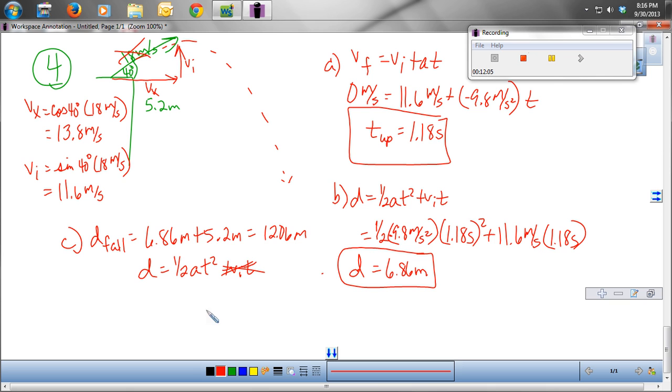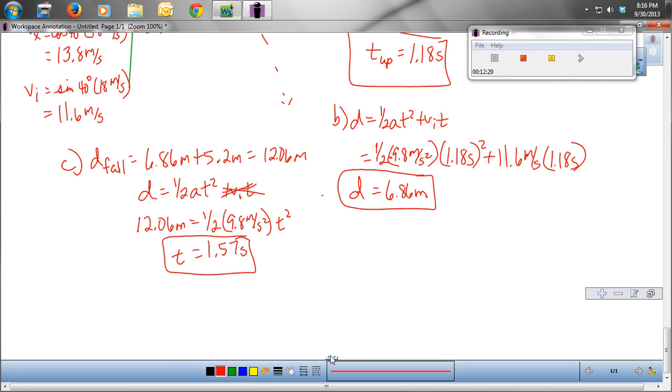The VI term is nothing I want because I'm talking about it falling and VI is 0. So I said 12.06 meters equals 1/2 times, now it's falling, so it's a positive 9.8, times T squared. So T is going to be, when I did it, I got 1.57 seconds that it had to fall for.